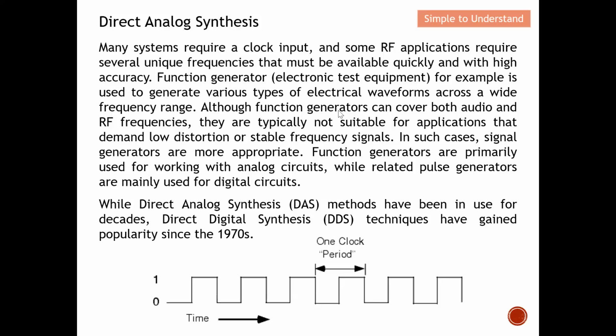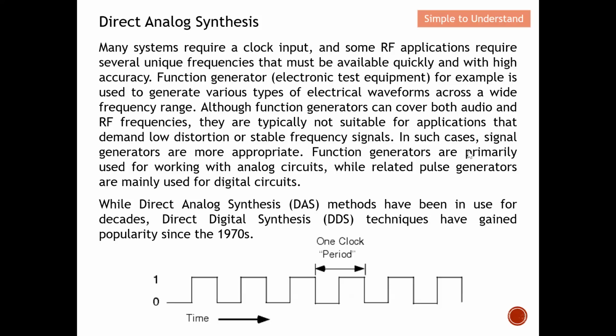Although function generators can cover both audio and RF frequency, they are typically not suitable for applications that demand low distortion or stable frequency signal. In such a case, if we demand low distortion and a very stable frequency signal, then we will use a signal generator.